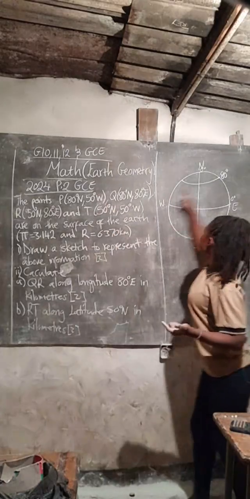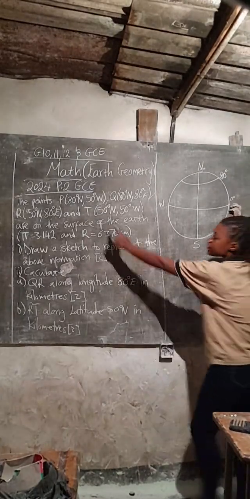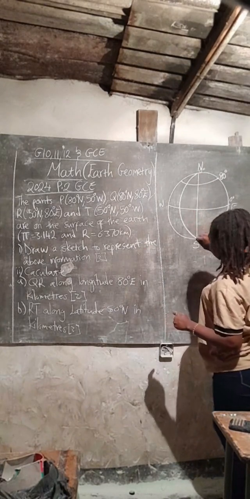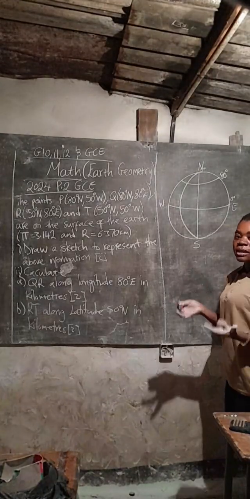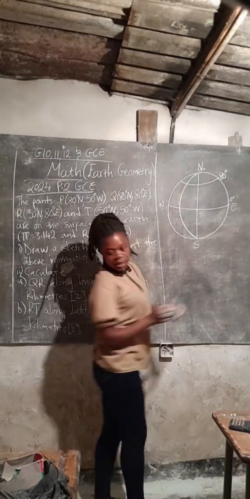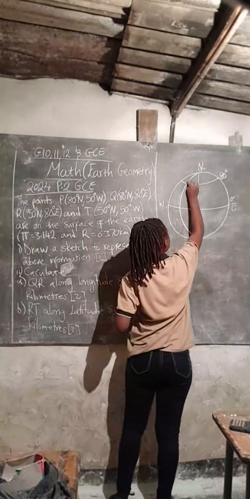So I'll not make the mistake of drawing this line this side. This one is on the eastern part. They're saying west, so I'll draw a line going this way. That's why the 2 lines help me know where the lines are going. Where these 2 meet, that is where point P is.